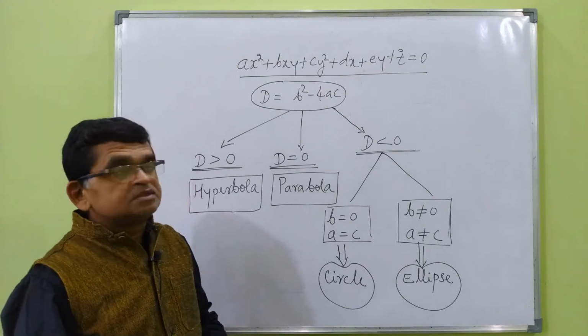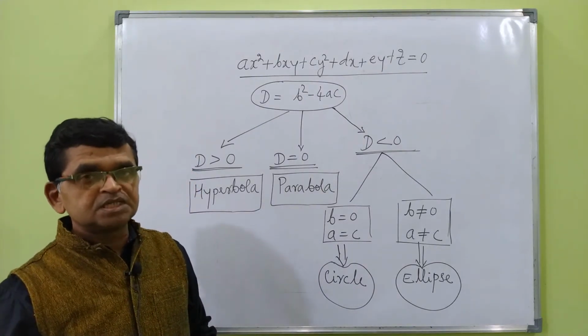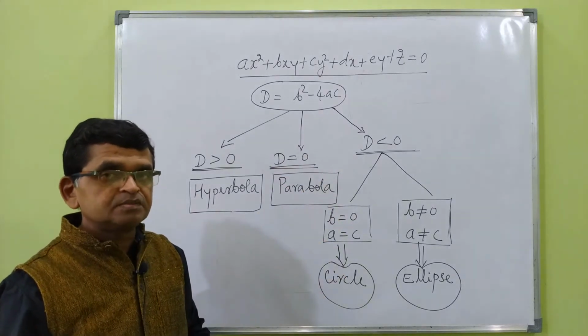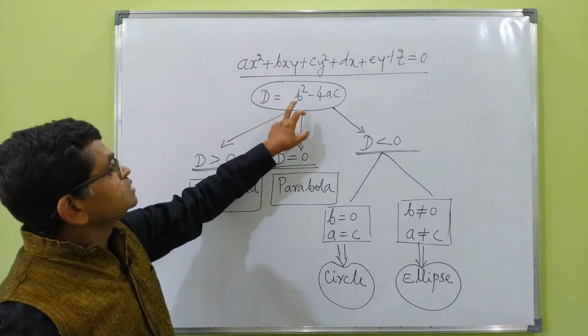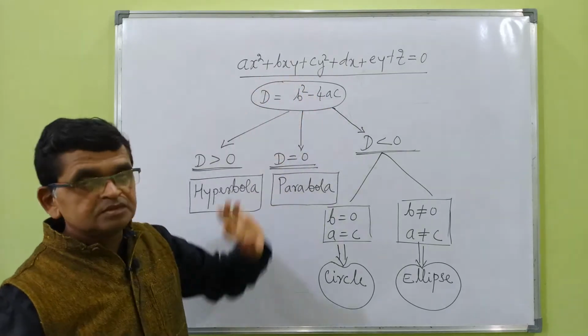Okay. Then we have to consider the discriminant. This procedure is called the discriminant method. We have to consider the discriminant, that is b squared minus 4ac. You know this.